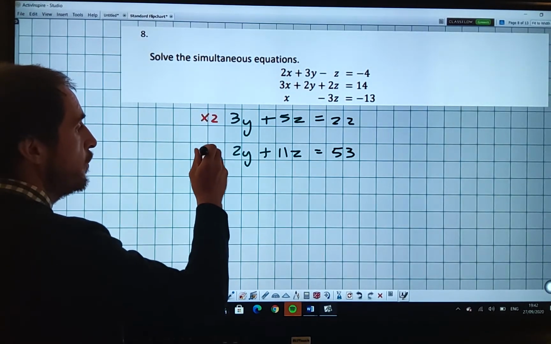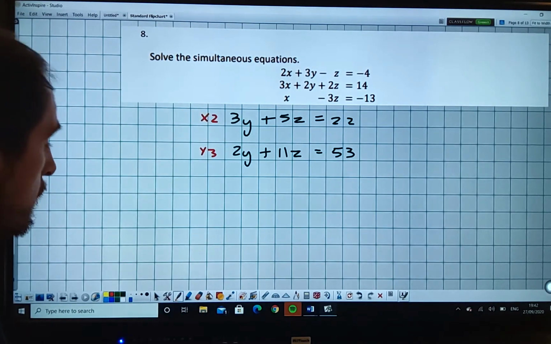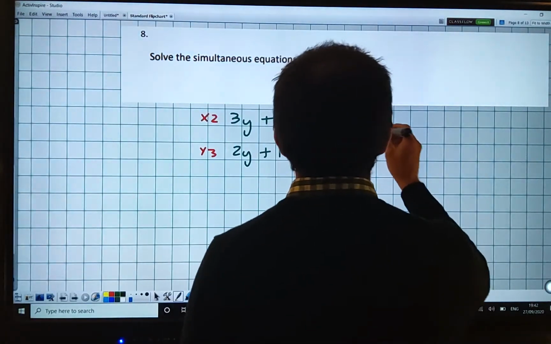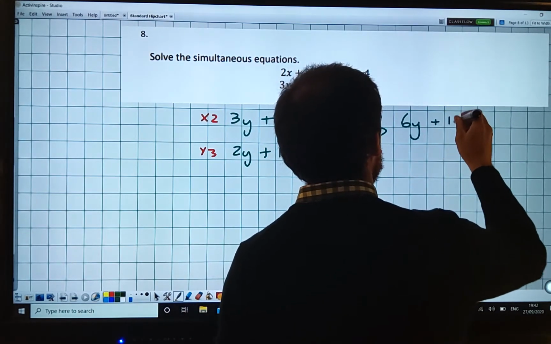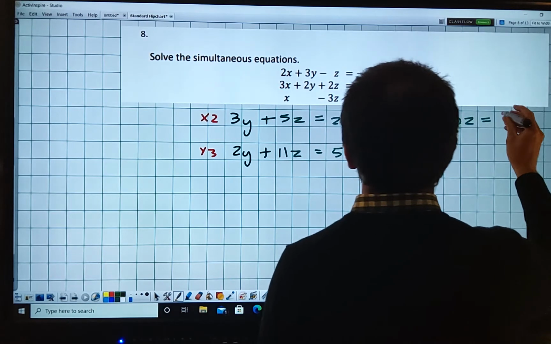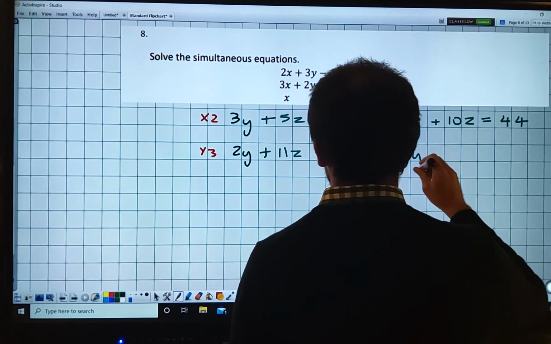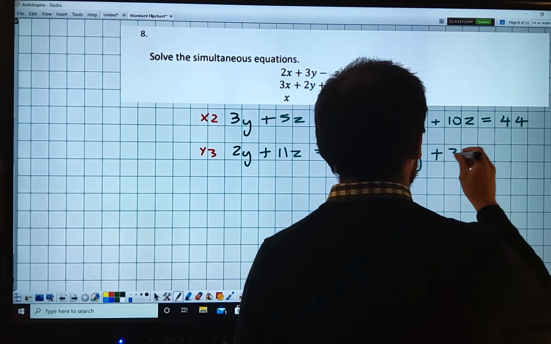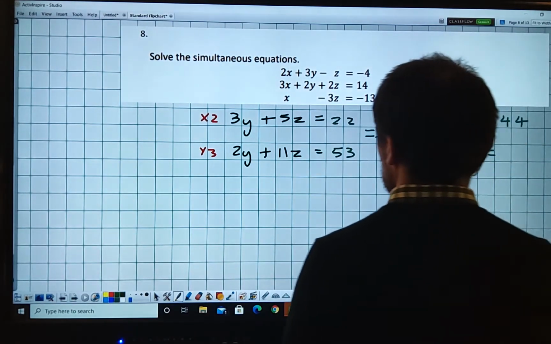So I'm going to multiply this by 2 and this by 3. The reason is that will give me 6y in both. So that lets me write 6y plus 10z equal to 44, and 6y plus 33z equal to 159.